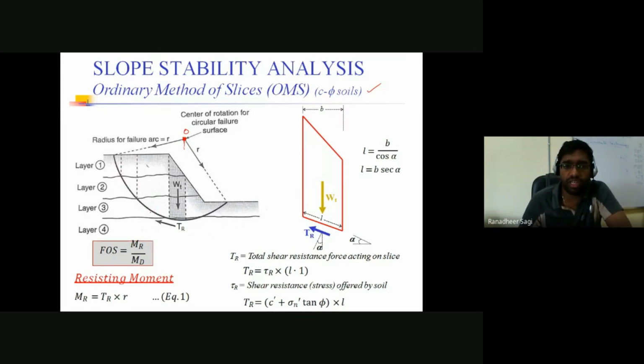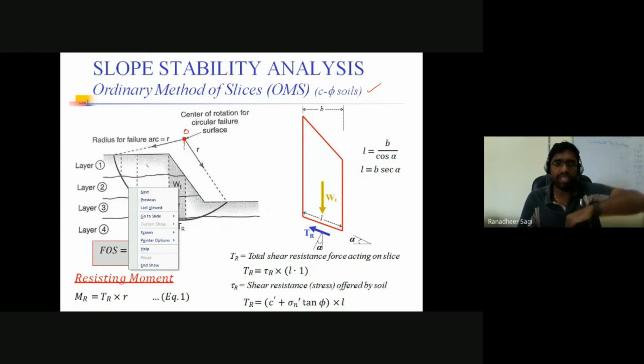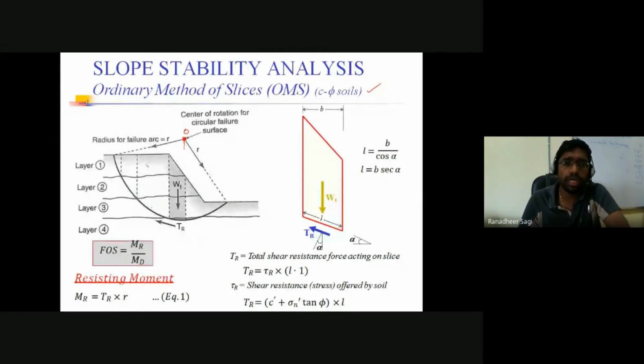For defining that failure surface, we consider the center of the width of each element at the base of the arc. What does the center of width of the element mean? Let's say element 1, element 2, element 3, element 4, and likewise I have n number of elements into which this failure slope is divided.